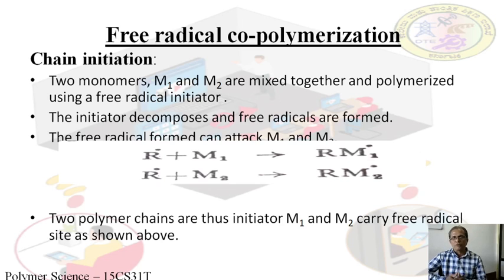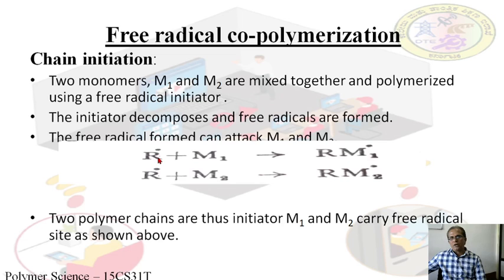Now initiation of the process takes place. The initiator compound decomposes and it gives free radicals. These free radicals will now begin the polymerization process. The free radicals formed are going to react with these two different types of monomers.